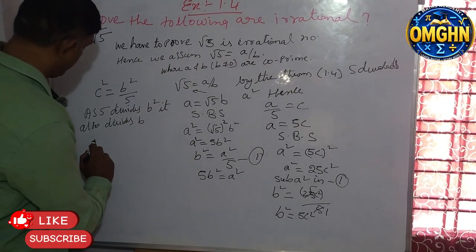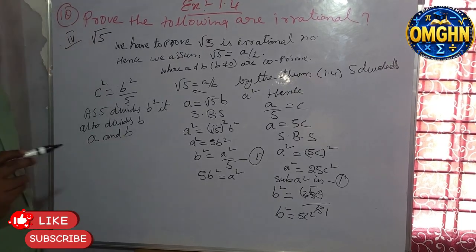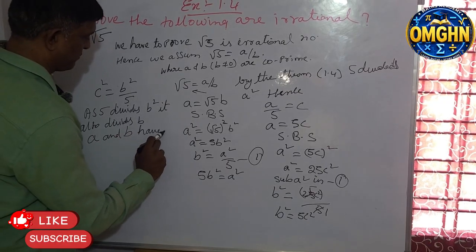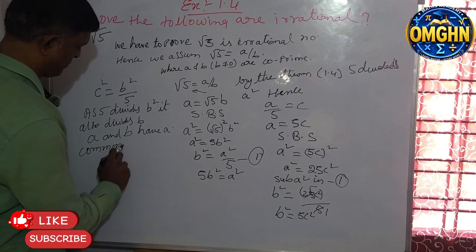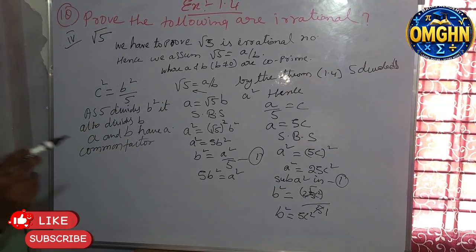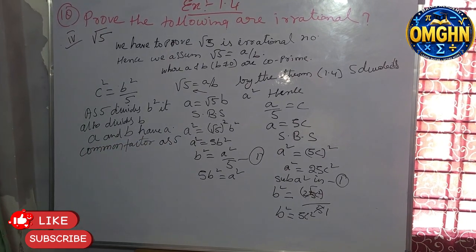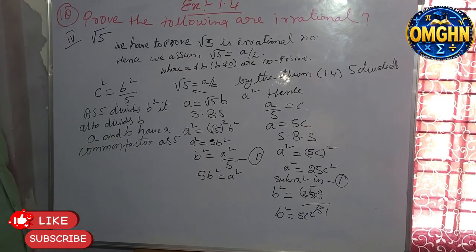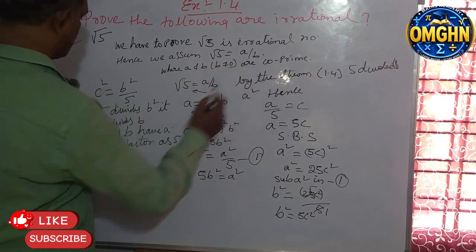Okay, now a and b have a common factor, as 5. It is a contradiction. That means it contradicts the fact that a and b are co-prime, according to our assumption, we are taking a and b as co-prime.